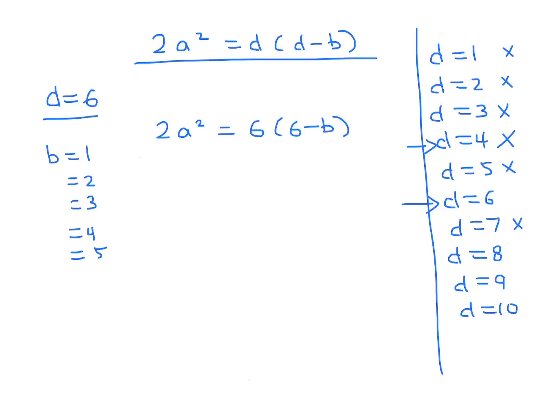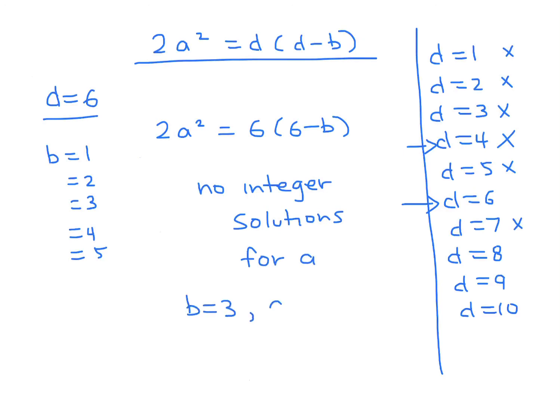So you'll figure out for all of these that none of these give integer solutions for a. Except when b is 3, it will give a equals 3, but that's not allowed because a cannot equal b. All right? So D is no good.